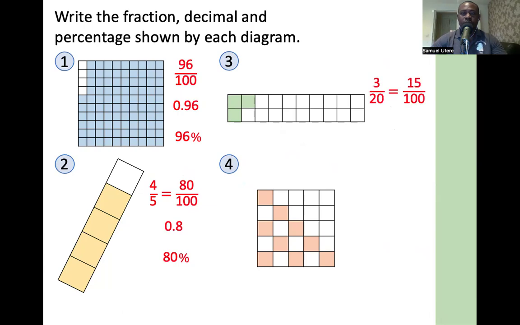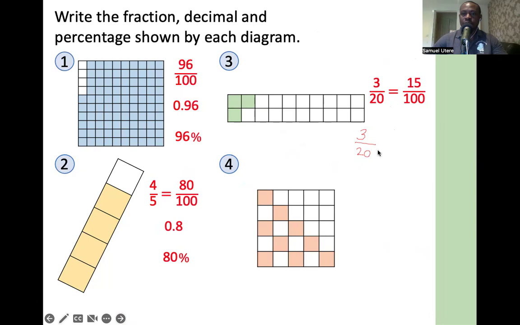Question 3, we have 3 out of 20 shaded. We have 20 squares and we have 3 shaded. Now, remember that we want to express it as a percentage. So you may be wondering how we got here. Well, we want to express it as hundreds. Another way of thinking about it is to say, how do I make this 100?